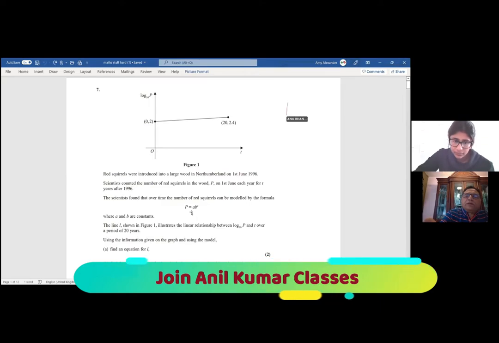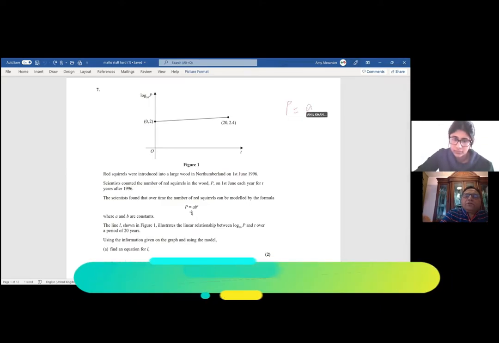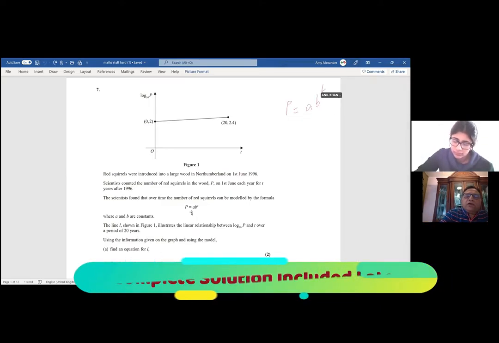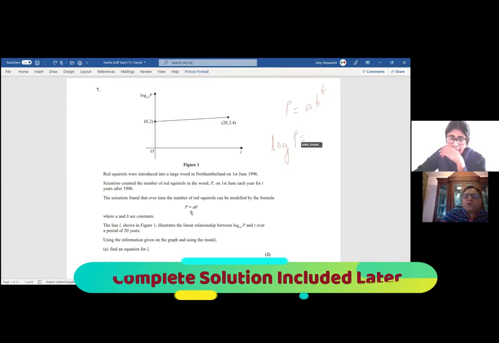You know p is equal to a b to the power of t. And you take log to the base 10, you get log of p equals log of a b to the power of t, which could be written, applying the log rules, as log a plus t log b.